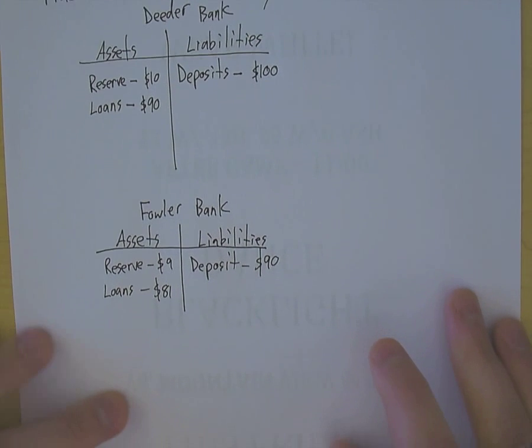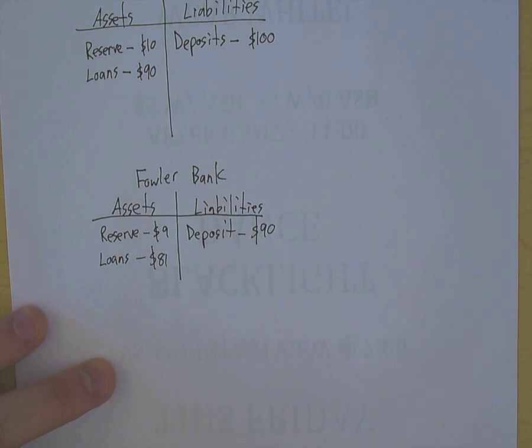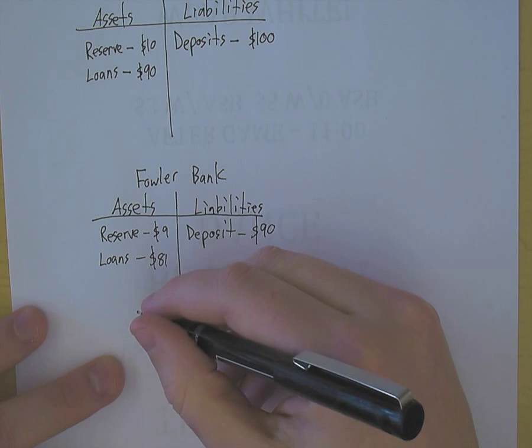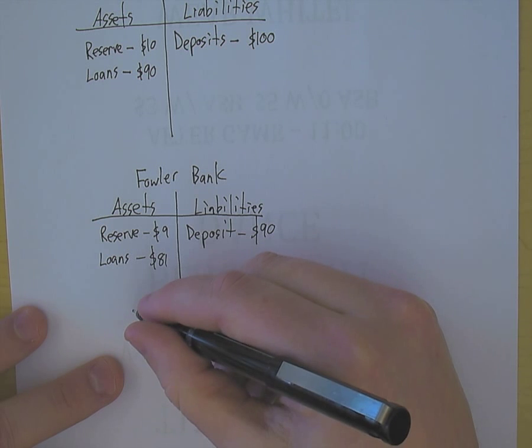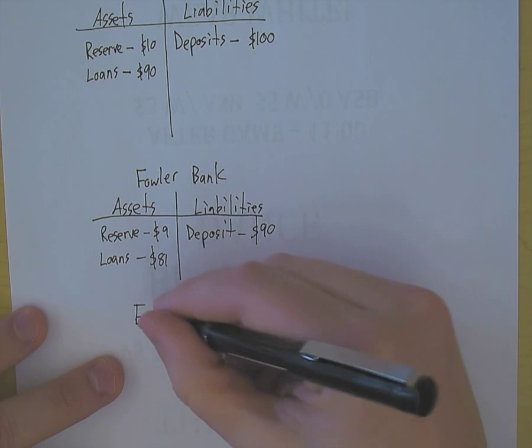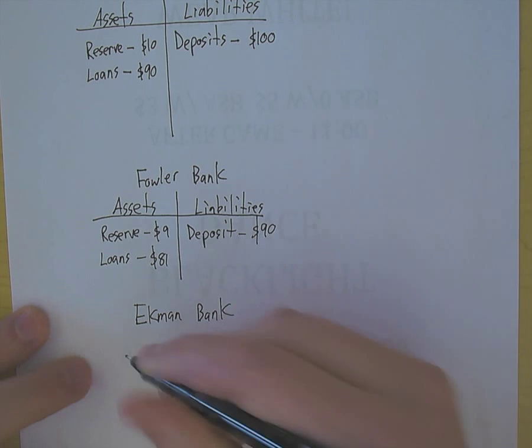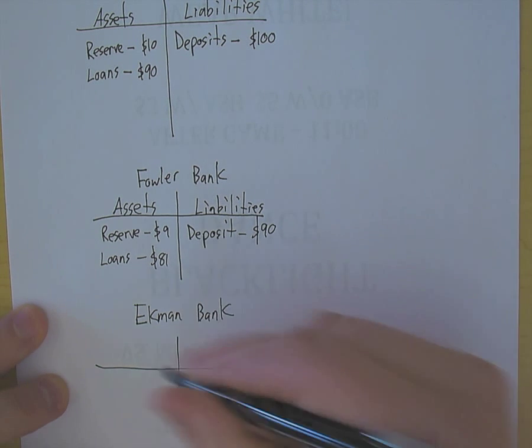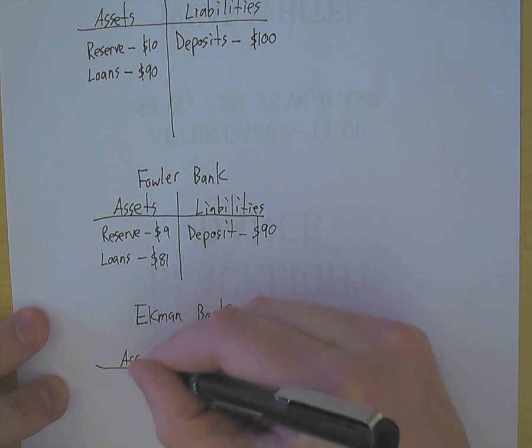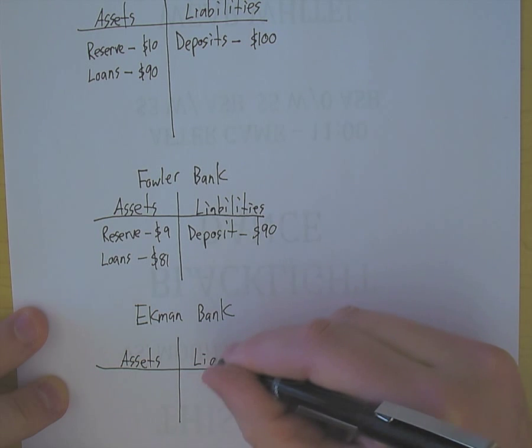So let's say that's lent out again. And this time the money is used to pay for legal services. And once it's been paid, we deposit it into a bank. Let's call this one the Ekman Bank. Again, we have a nice T-chart. We have assets. And we have liabilities.